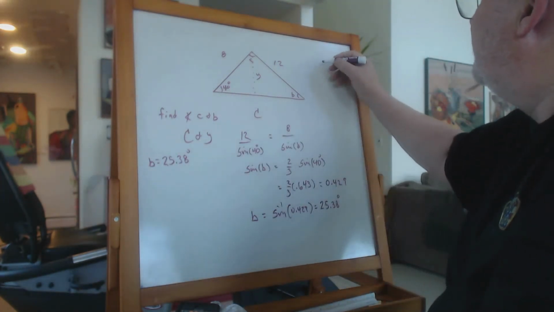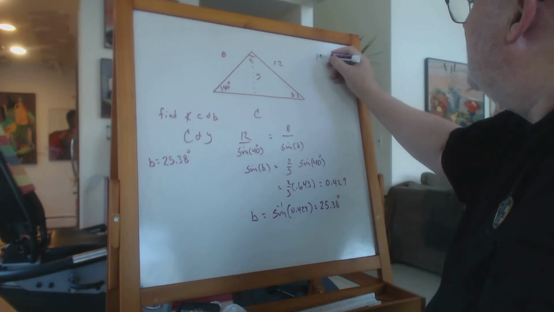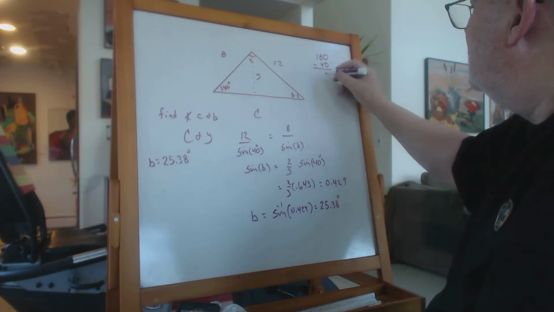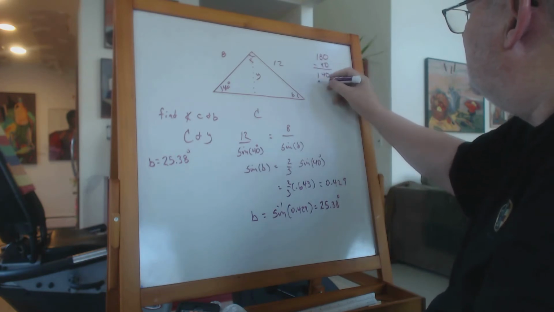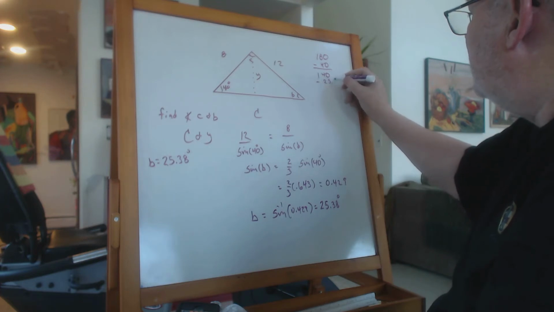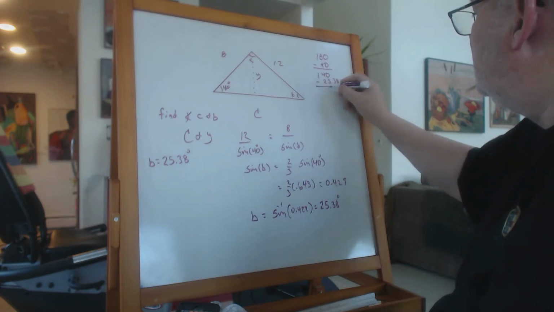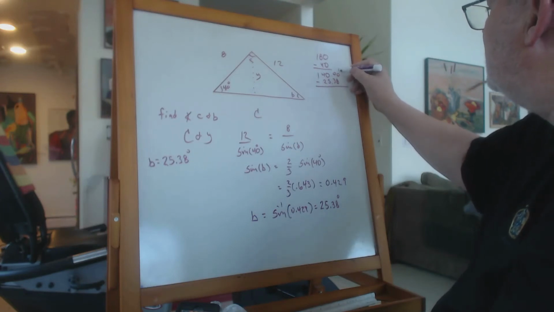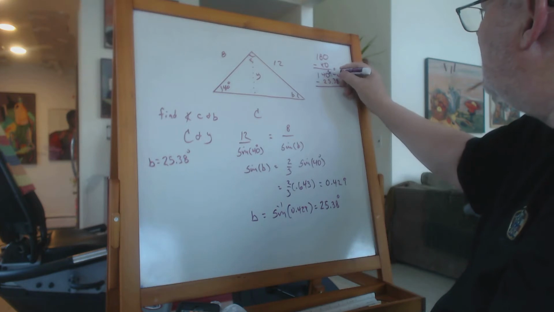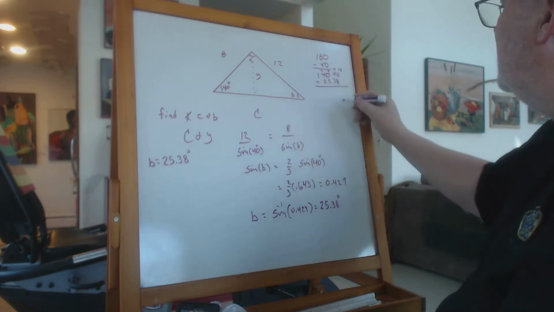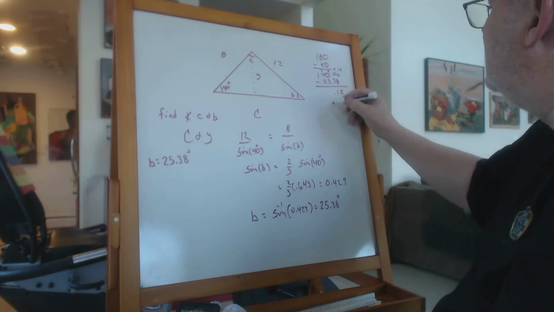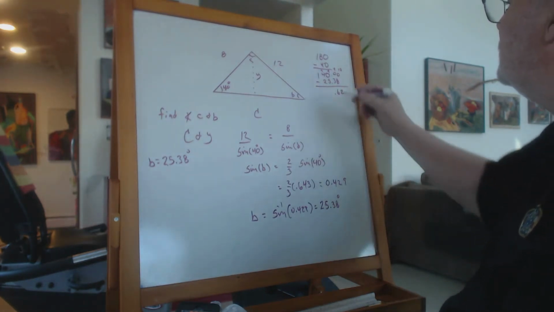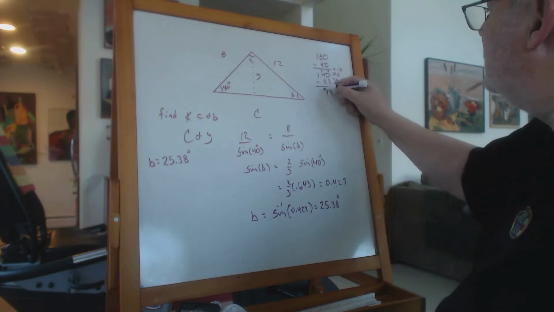we have 180 minus 40 is 140, minus 25.38, and we're solving for C, so that's 114.62.